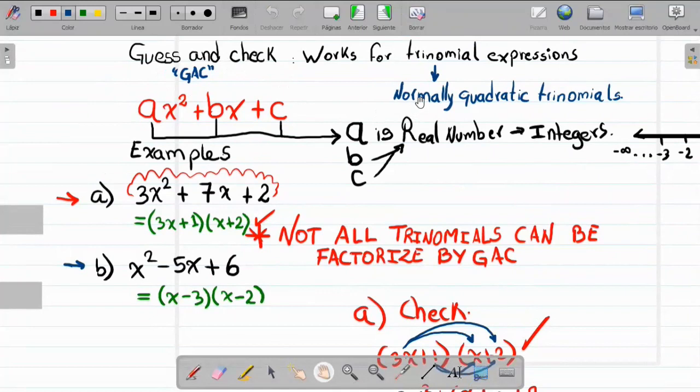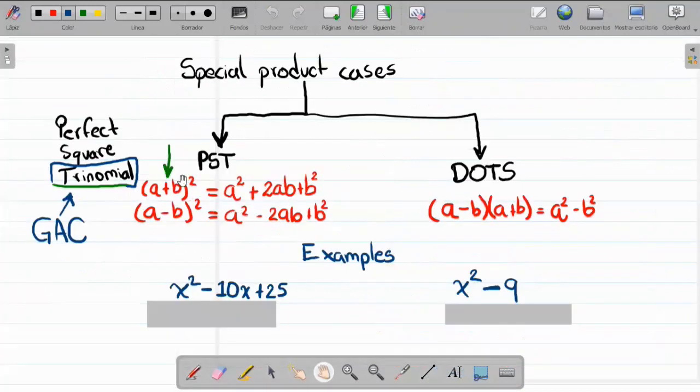Okay, because normally it works for quadratic trinomials. So essentially, this is a singular case of the guess and check. It doesn't mean that there's no other way to solve this one, just that it has something interesting. I'm just going to show you one, and what the little difference is.